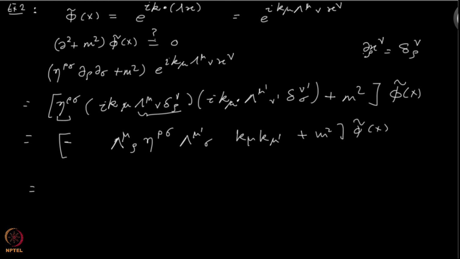Yeah, and this condition you remember, right? This is the condition for Lorentz transformation. So this should give you again eta, and it is minus eta mu prime, and you have k mu prime plus m square.